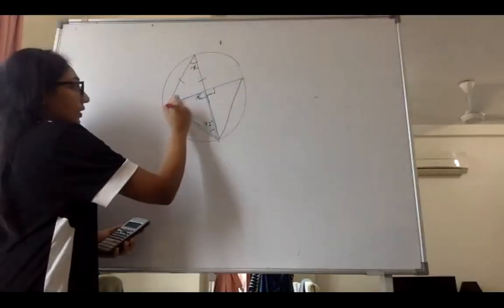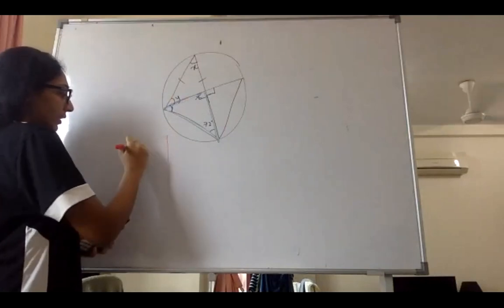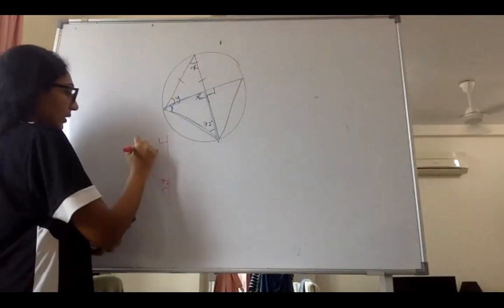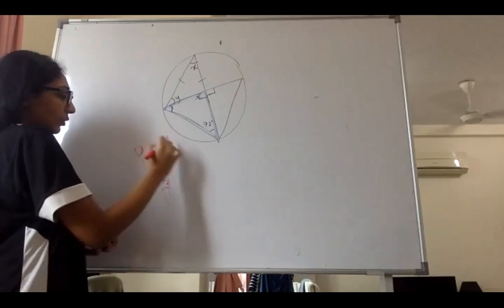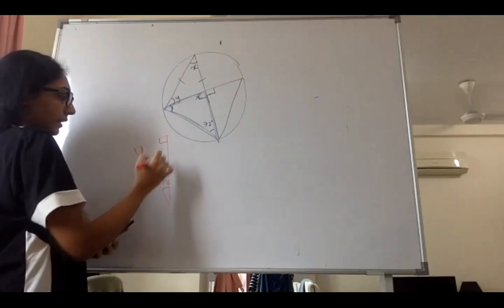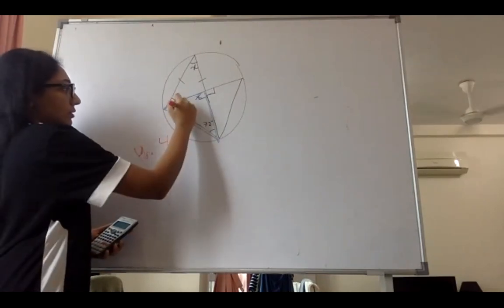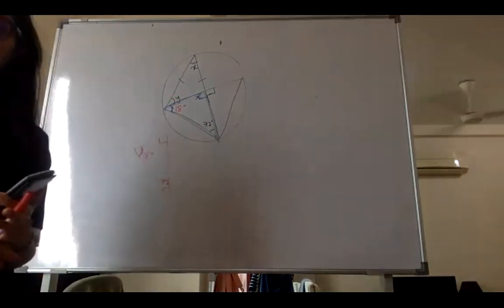No. See, this is a triangle. If I were to draw the triangle out, this is 72. This is 90. What is this? A whole triangle is 180. 18. This is 18 degrees.